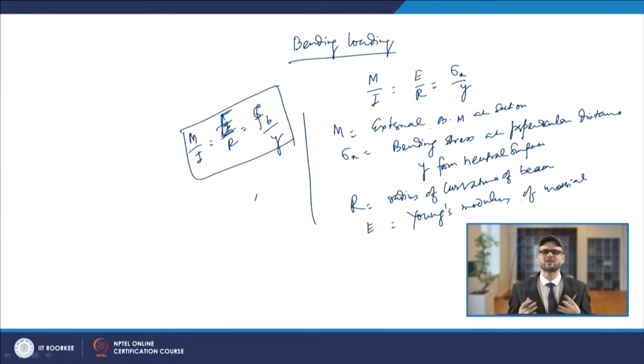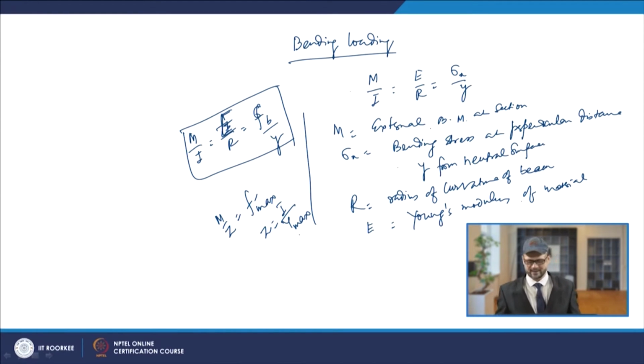Now, many a times we design for the y max in that equation, and you will have M by Z as the F max, because of the y max considerations, because Z becomes I upon y max. So, Z is the section modulus.